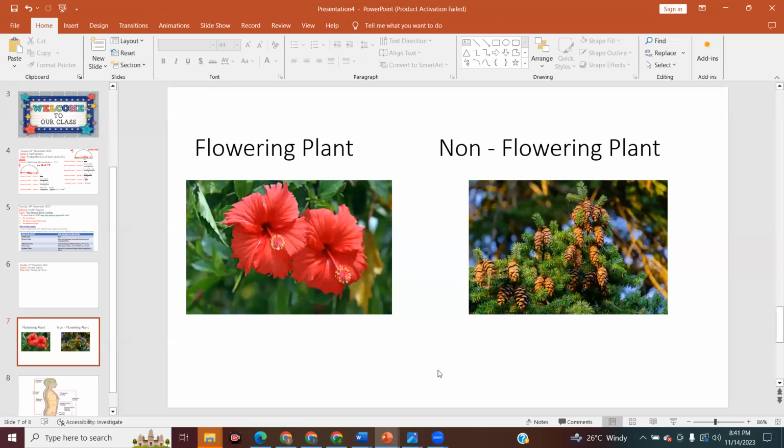And there are other differences, right? All right, so let's get into it. So besides the Christmas tree, anyone know any other non-flowering plants?